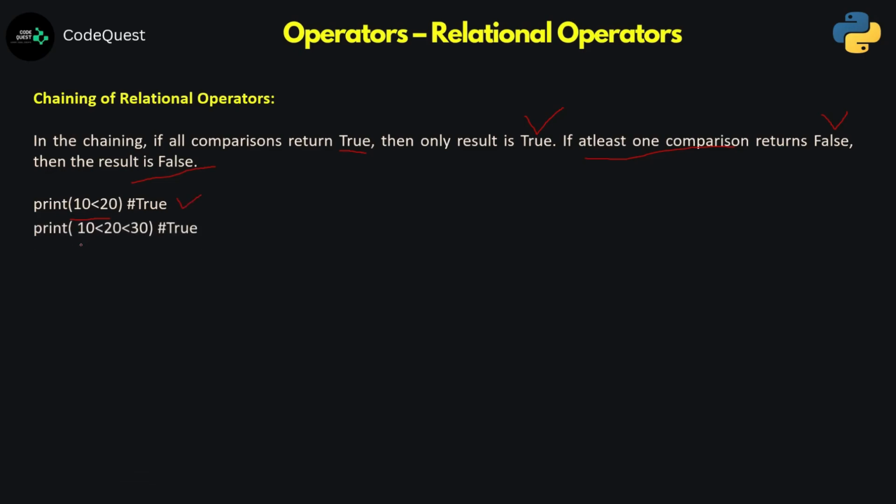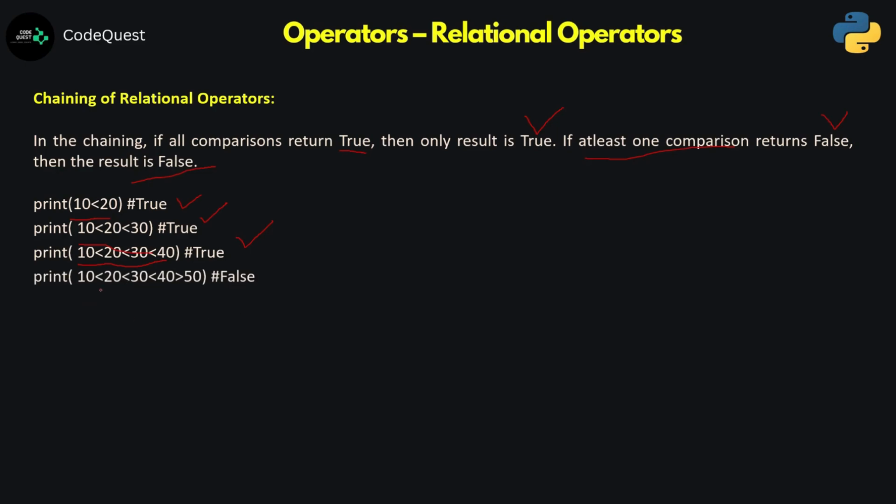Now here I am checking 10 less than 20 less than 30. You can see 10 less than 20 is true and 20 less than 30 is also true, so the entire result is also true. Once again, 10 less than 20, less than 30, less than 40, all these comparisons are true. Hence the result is true again.